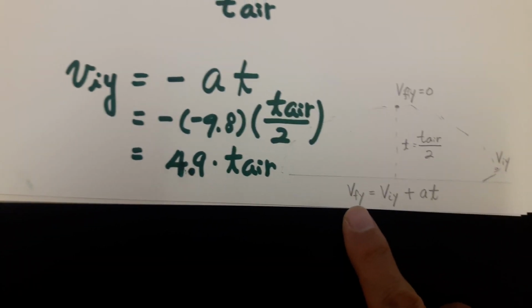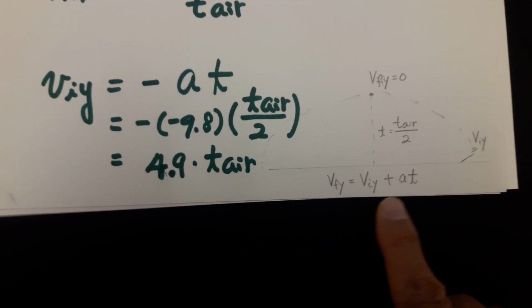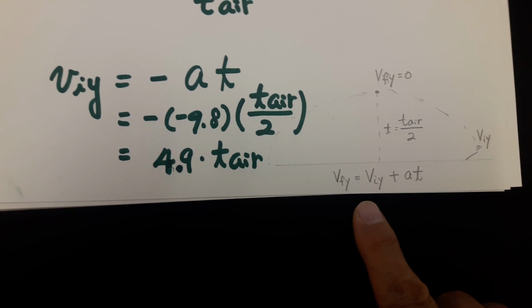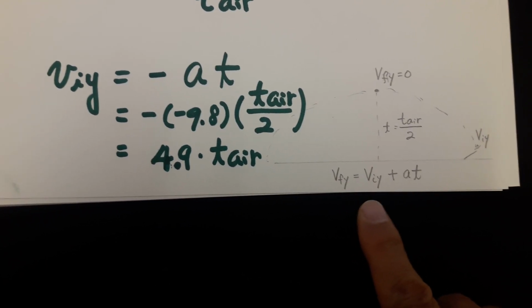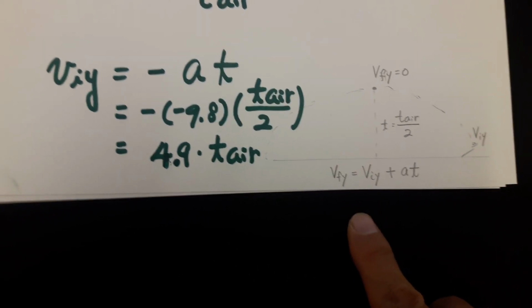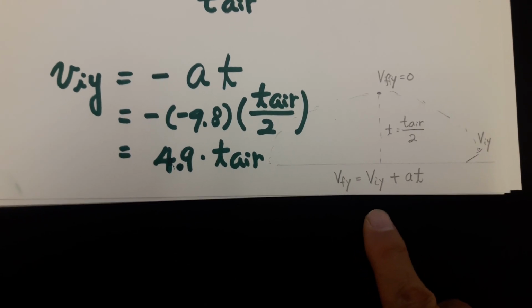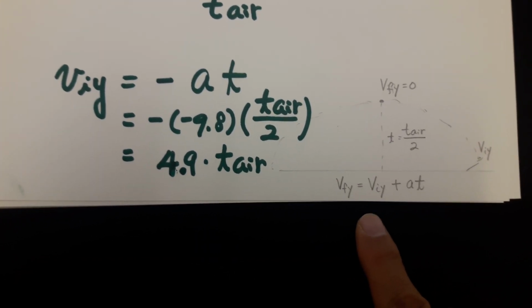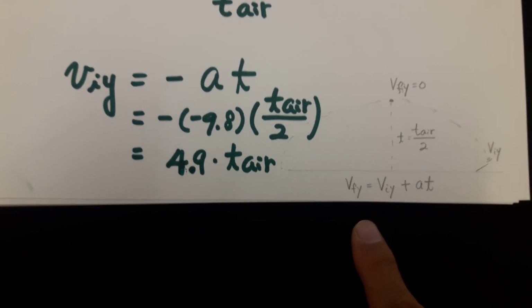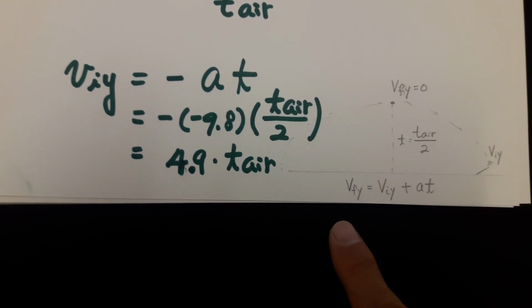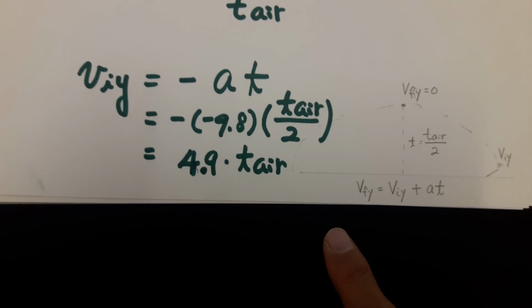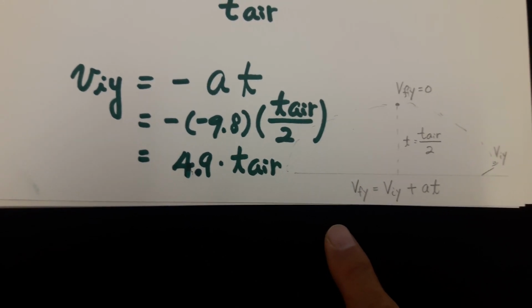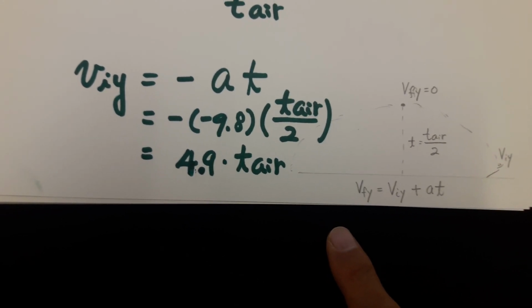Then Viy equals negative at. This a is acceleration of gravity, which is negative 9.8. I usually teach gravity acceleration is 10, but here in experiment we have to use accurate number. So acceleration of gravity is negative 9.8.